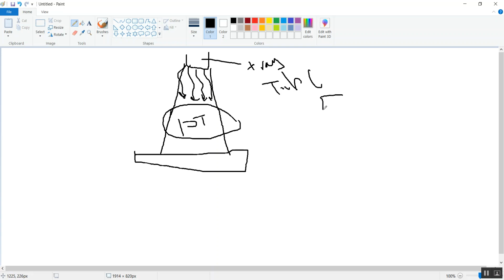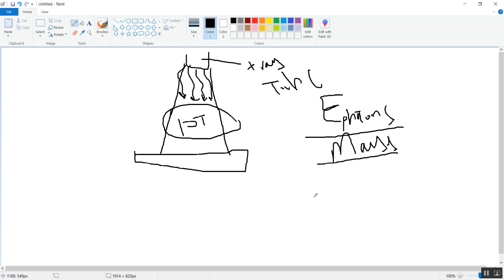The amount of energy of photons absorbed per unit of mass of patient, so the mass is the weight of the patient, this is the absorbed dose, okay.